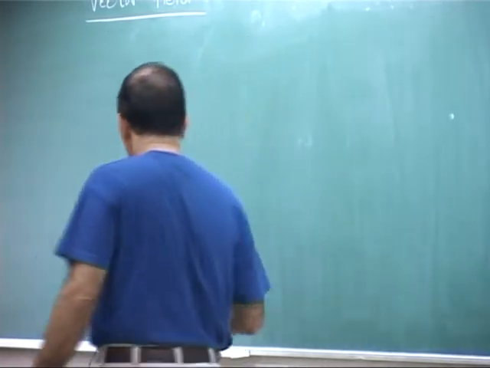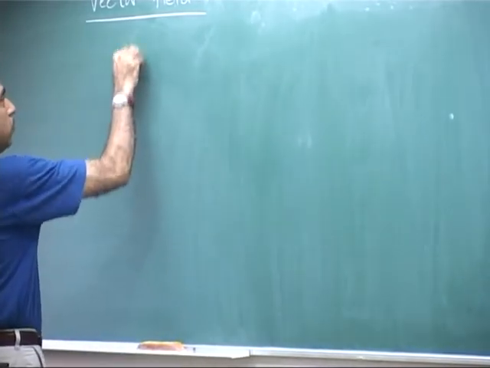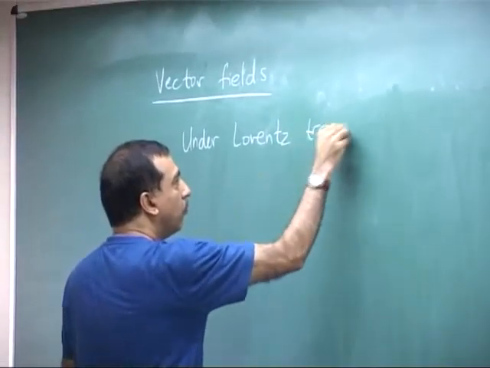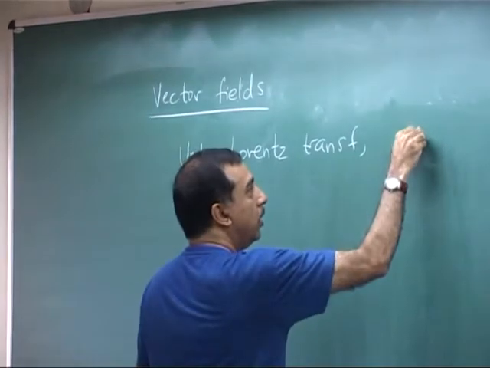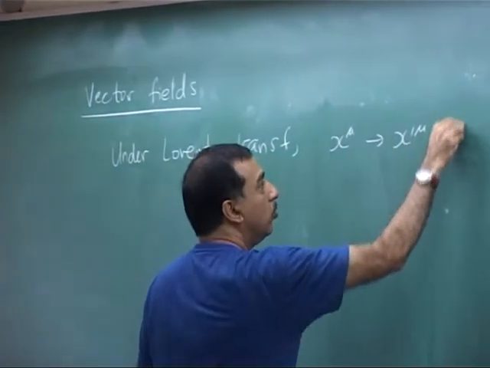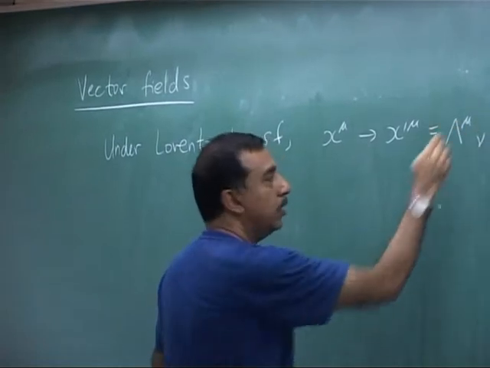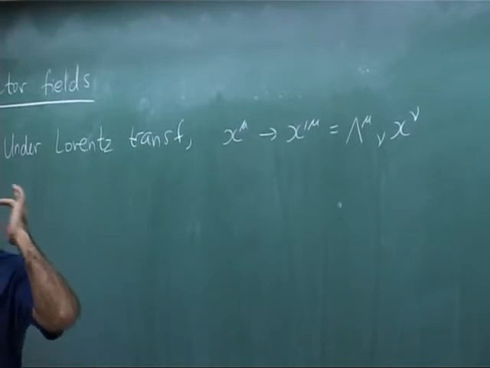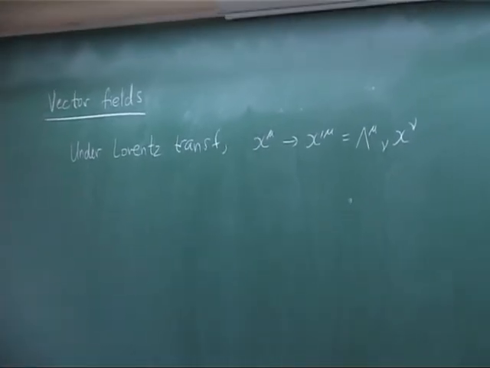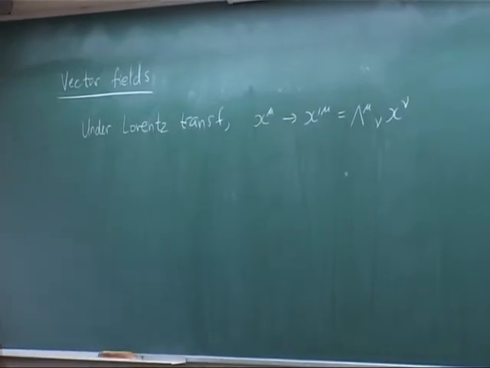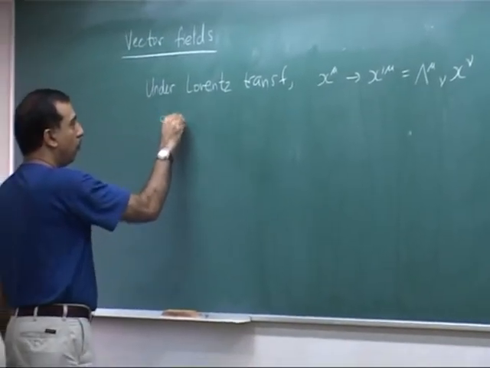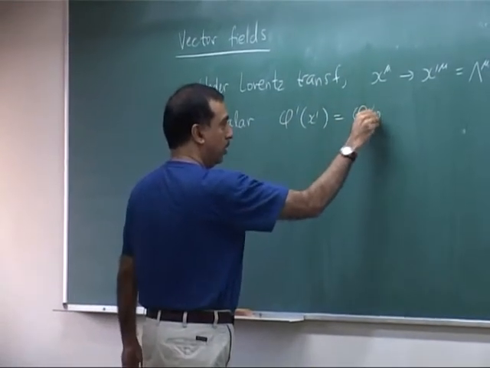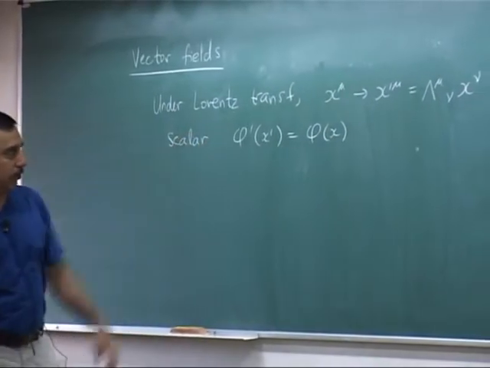Okay. Now we know that under Lorentz transformations, a coordinate x mu goes to x prime mu, and I think you've seen the properties of this matrix lambda, that lambda transpose eta lambda is equal to eta, and a scalar field was a field such that phi prime of x prime is equal to phi of x, where x prime is that.